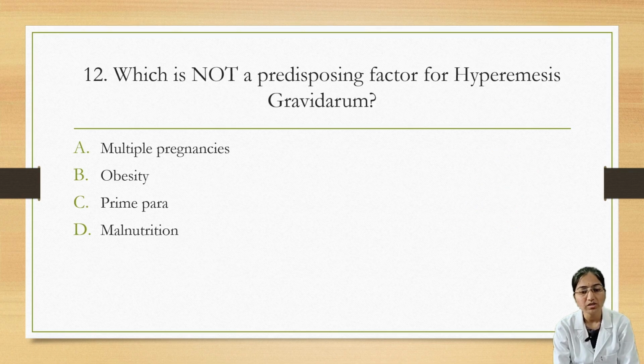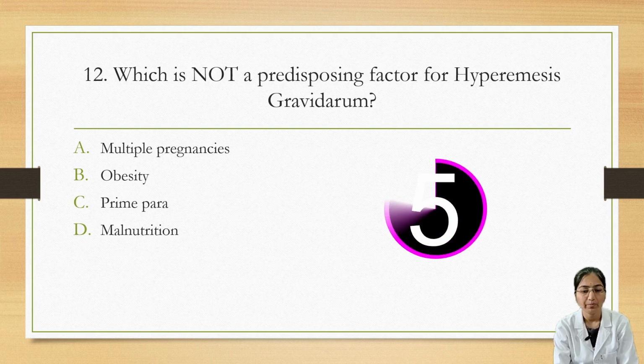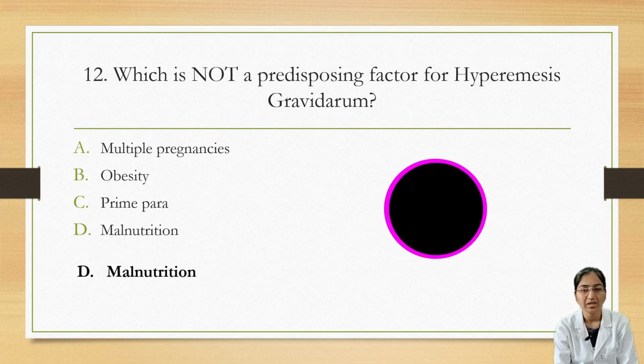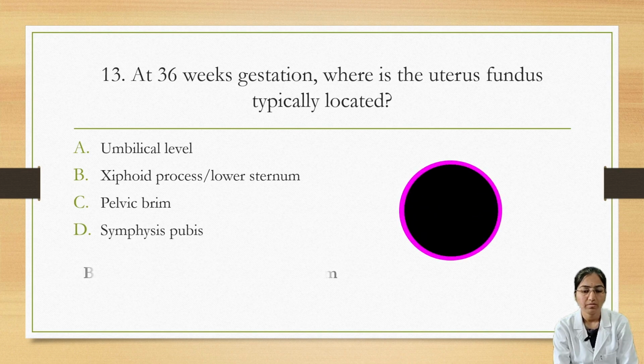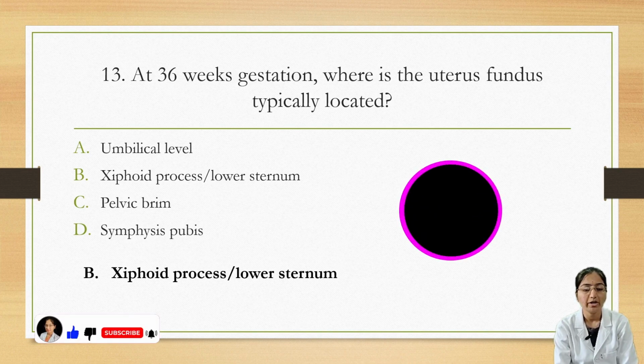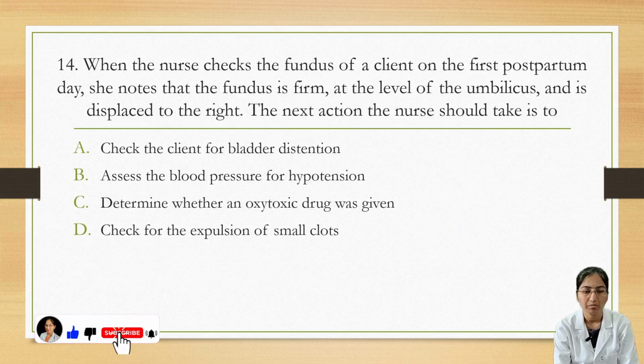Next question, which is not a predisposing factor for hyperemesis gravidarum? Right option is D, that is malnutrition. Next question, at 36 weeks gestation, where is the uterine fundus typically located? Right option is B, that is xiphoid process, that is lower sternum.